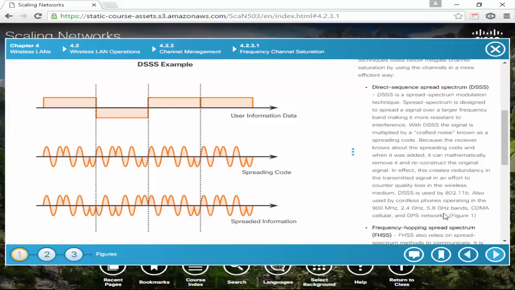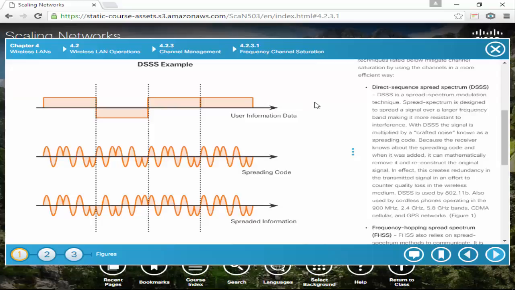Direct Sequence Spread Spectrum, DSSS. DSSS is a spread spectrum modulation technique. Spread spectrum is designed to spread a signal over a larger frequency band, making it more resistant to interference. With DSSS, the signal is multiplied by a crafted noise known as a spreading code.